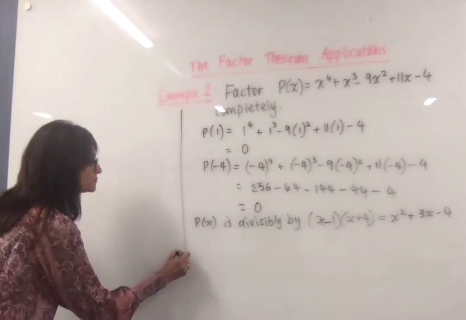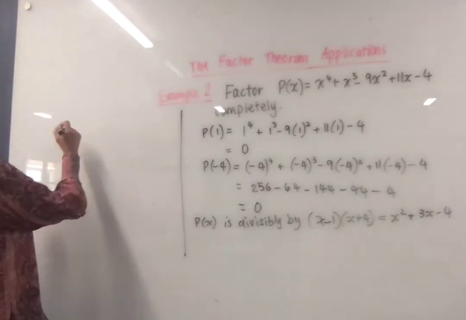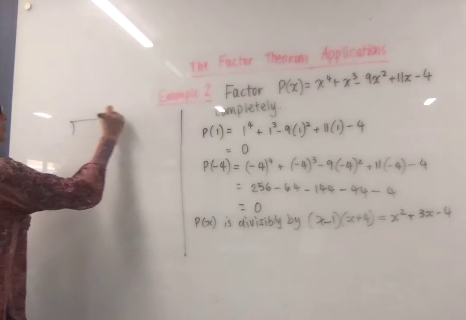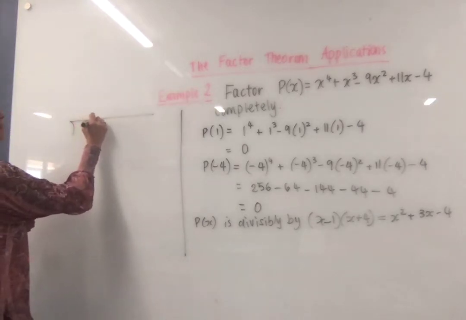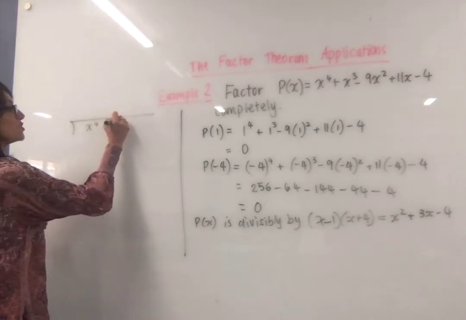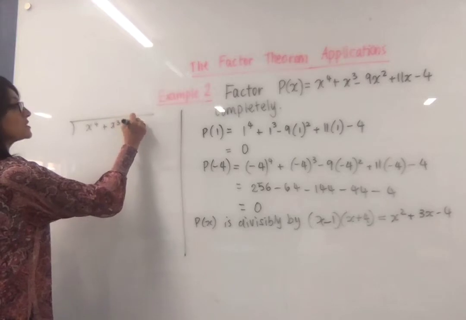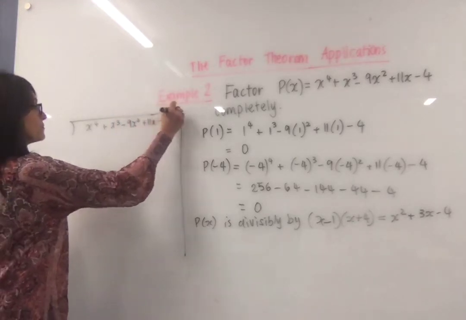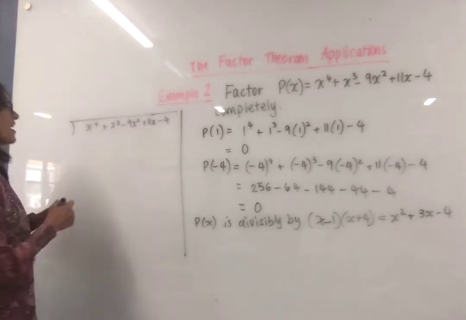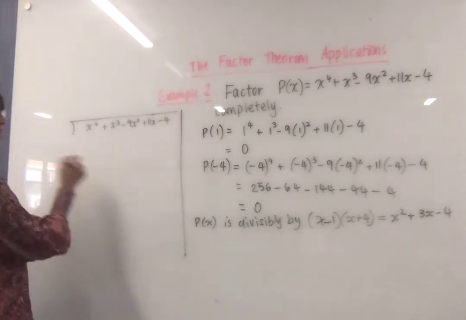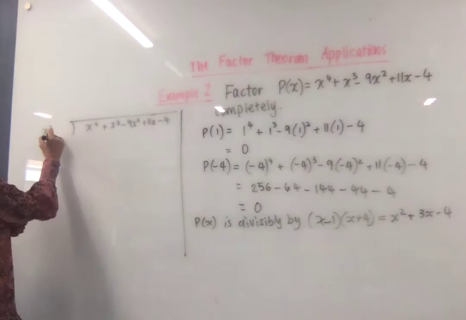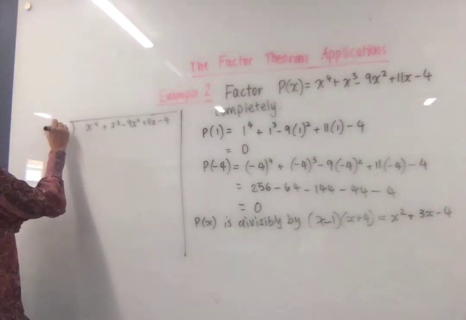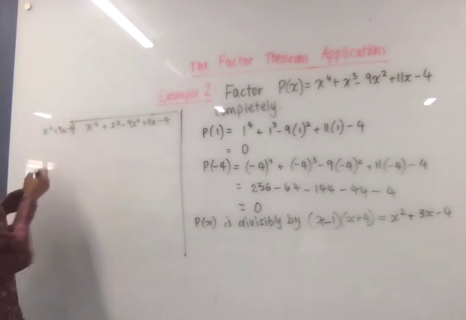Okay, so our polynomial is x to the power of 4 plus x cubed minus 9x squared plus 11x minus 4. And we're going to divide that by x squared plus 3x minus 4.